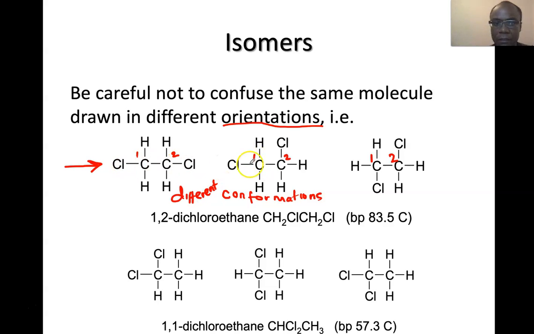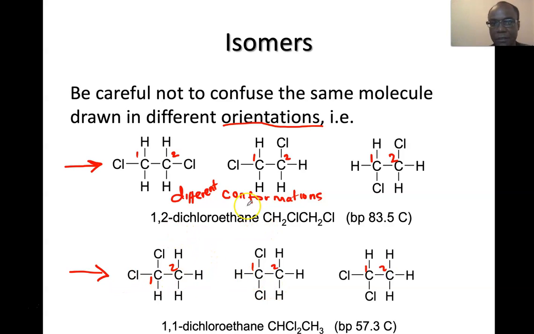Where the chlorine is horizontal, here it's down. You can have it up, you can have it horizontal. It's just the same thing. Same applies with this. All these are the same, because I see 2 chlorines on carbon 1 and 3 hydrogens on carbon 2. So all these drawings are the same.